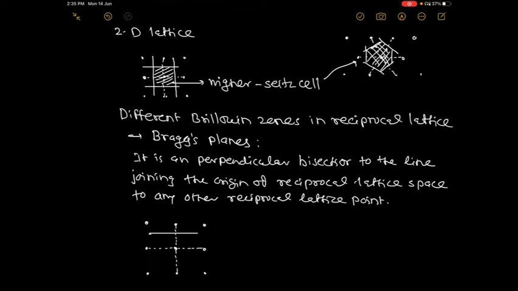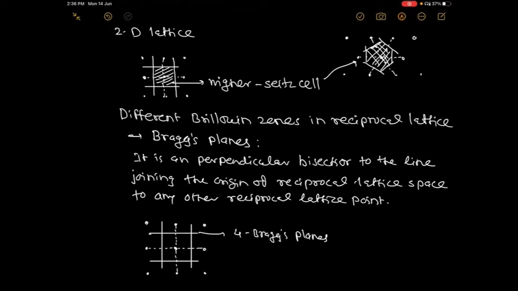Similarly, we construct another Bragg plane for another reciprocal lattice vector, and a vertical Bragg plane. Therefore, by enclosing, how many planes can we get? Four Bragg's planes.